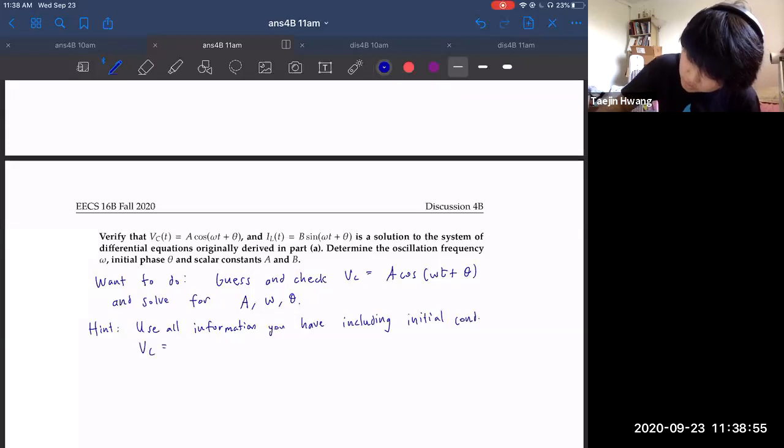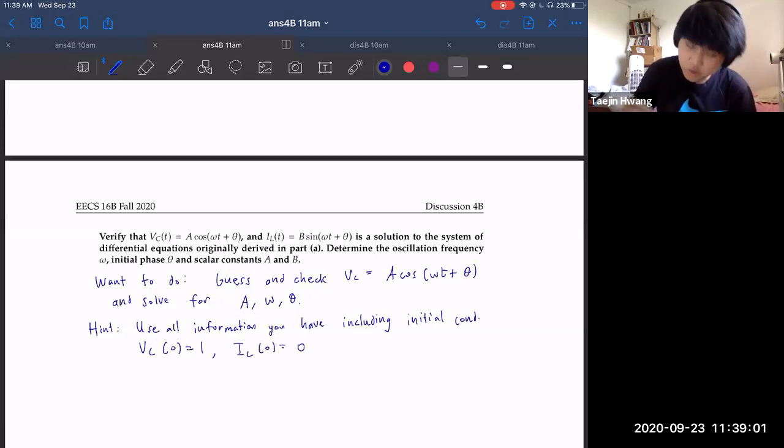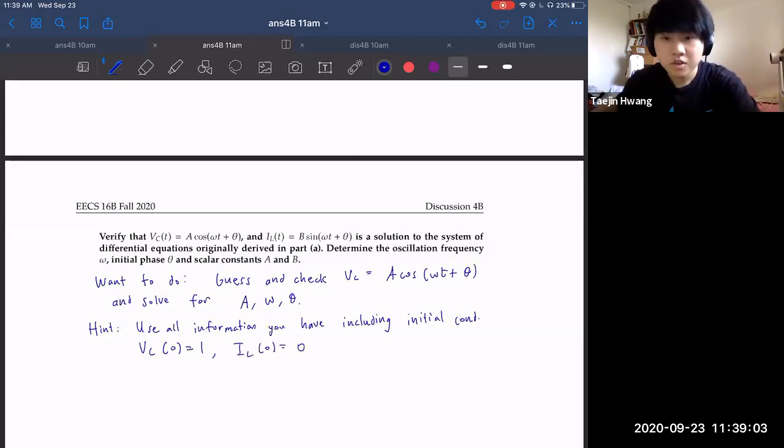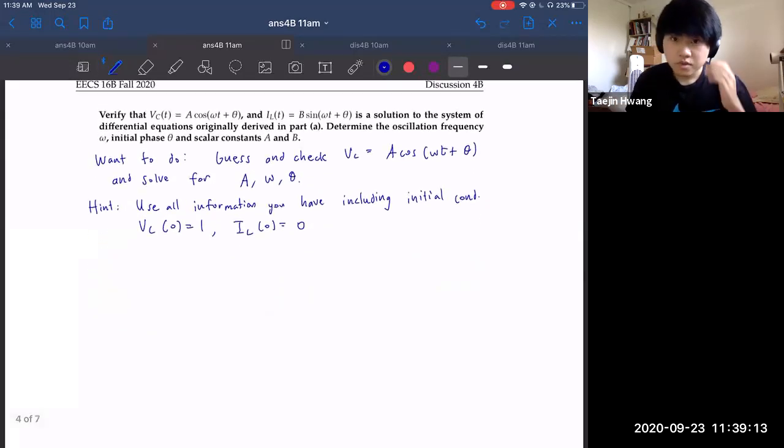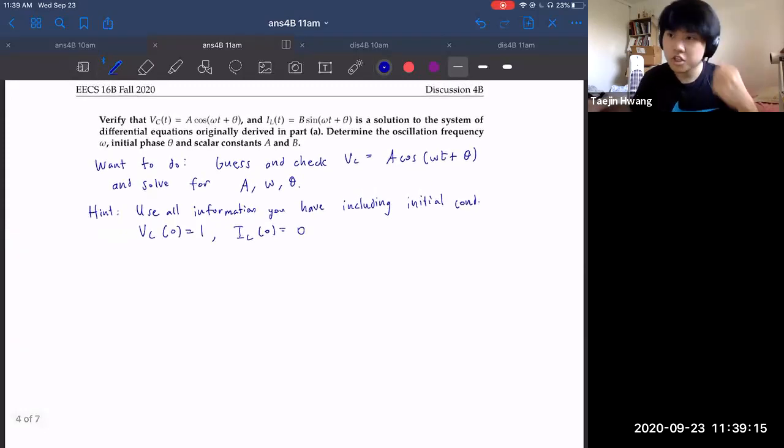VC of 0 is equal to 1, and IL of 0 is equal to 0. So use all the information you have. All right, so let's take around 5 minutes to work this out. And it is a bit challenging, so don't worry if you get stuck on it.